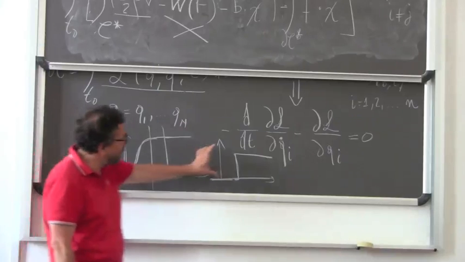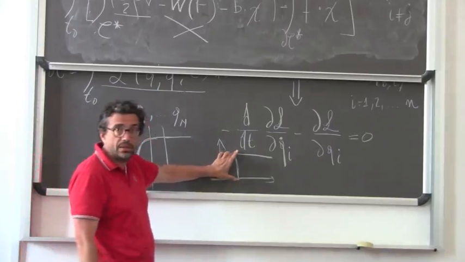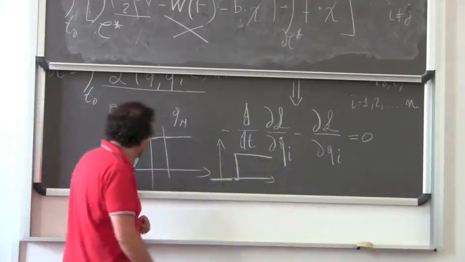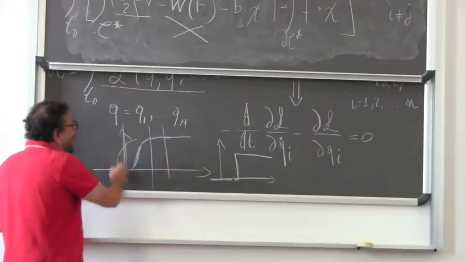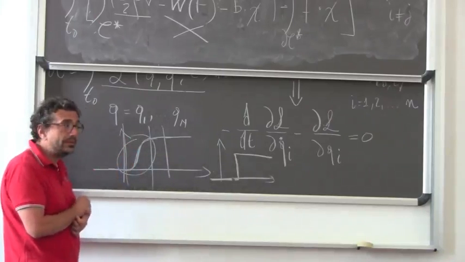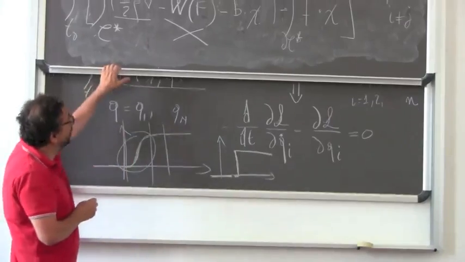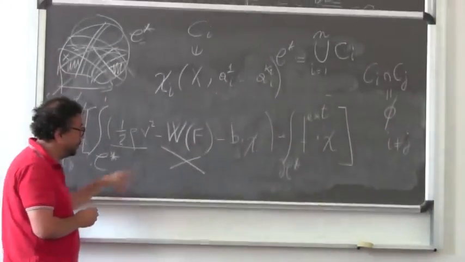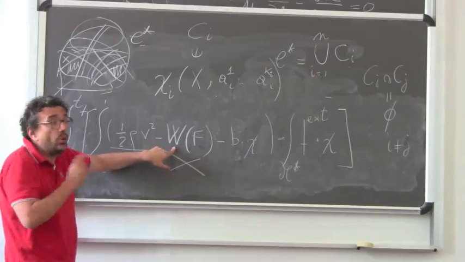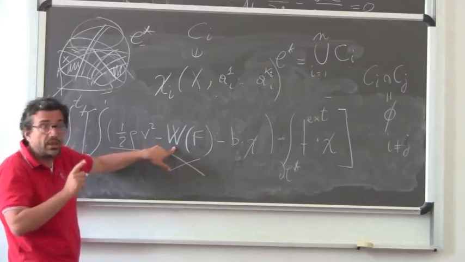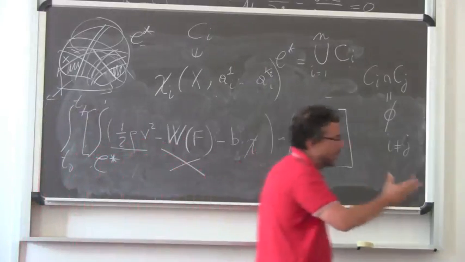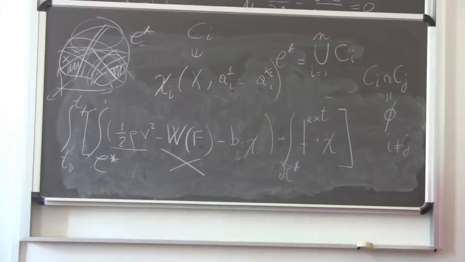So when you have jumps of displacement, you have trouble, because you have a gradient somewhere which goes to infinity, and you cannot estimate this energy, or you can have serious trouble in estimating this energy. We already spoke about this.